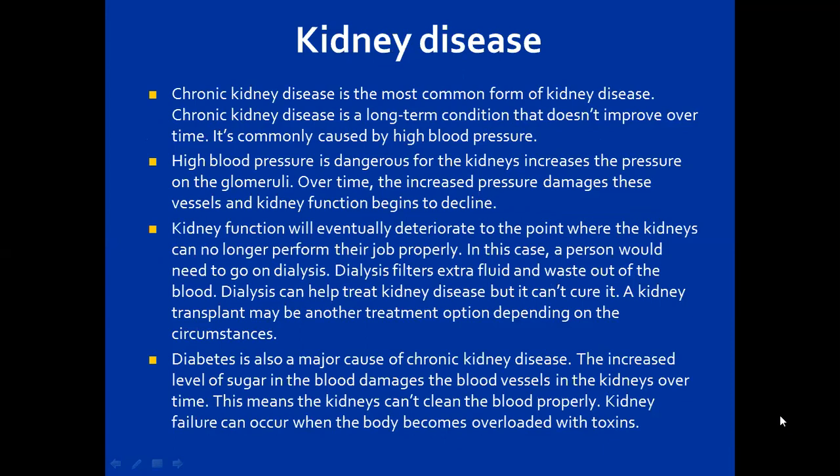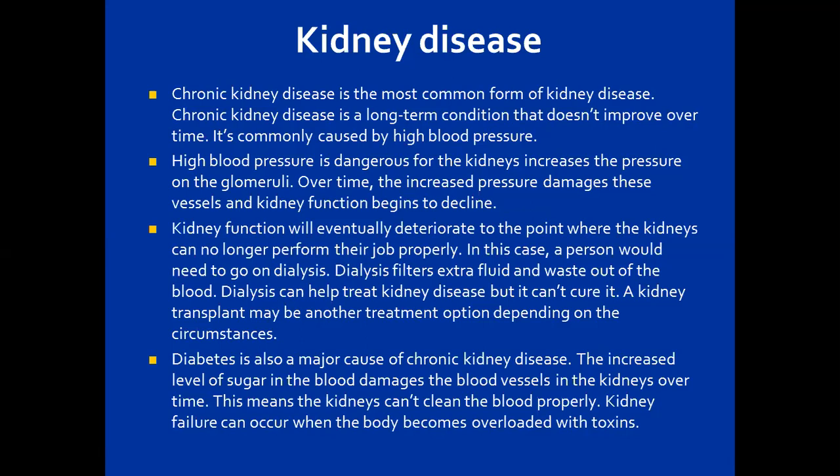So today we're going to talk mainly about kidney disease. So chronic kidney disease is the most common form of kidney disease. So remember that the word chronic doesn't mean bad, as many people use it to mean. It means long-term, and it doesn't improve over time.